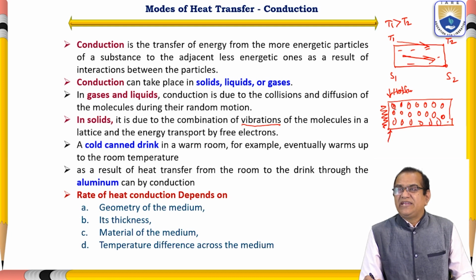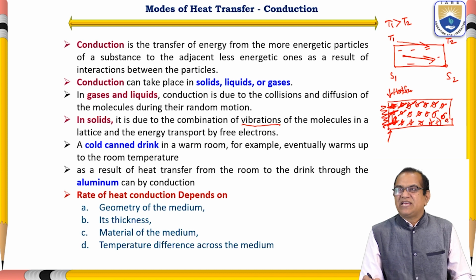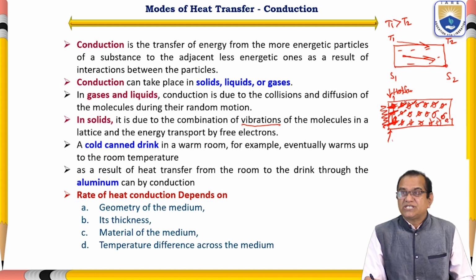The initial molecules will take this heat and their temperature will increase. Due to this increase in temperature, they will start vibrating, and then the next one will start vibrating, and then the next. Like this, every molecule will start vibrating and the heat transfer will take place, but they are not moving from each other. They will maintain their location.